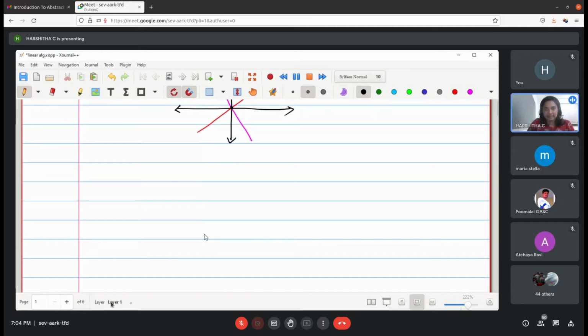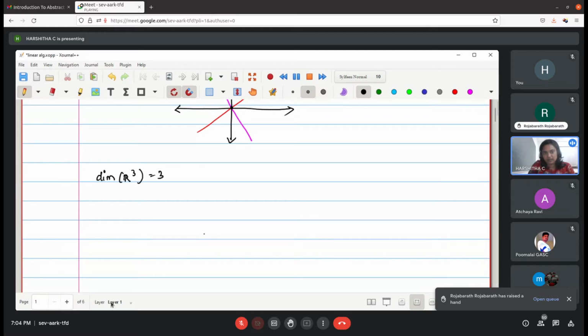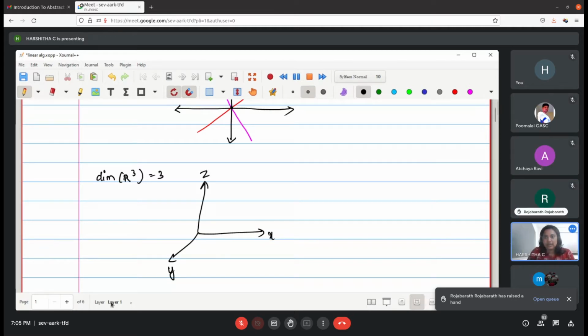Let's look at an example in R3. Dimension of R3 equal to 3. So we have 3 coordinates: this is the y-axis, x-axis, let's say z-axis. Let's take one subspace which is some line. Again, if you are confused about why this is a subspace, we'll look at that later, so just assume it for now.